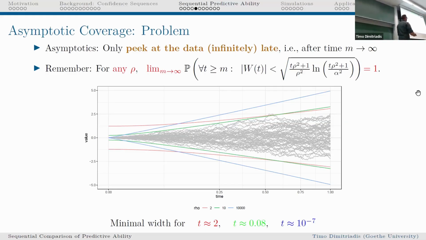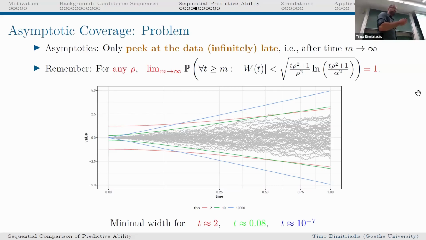Now the reason is simply that, well, if I use the blue band and I start peeking late enough, let's say here, I never have any violation on that part. If I use the green band and I start peeking here, I never have any violation. And if I have the red band and I start peeking outside on the floor, then I never have any violation.